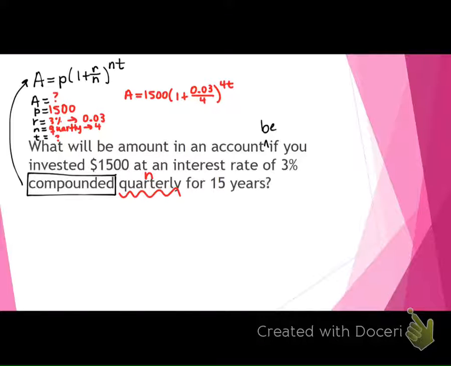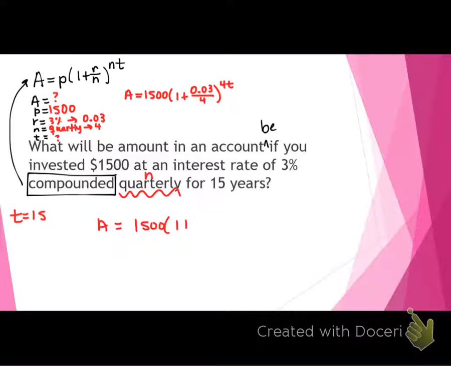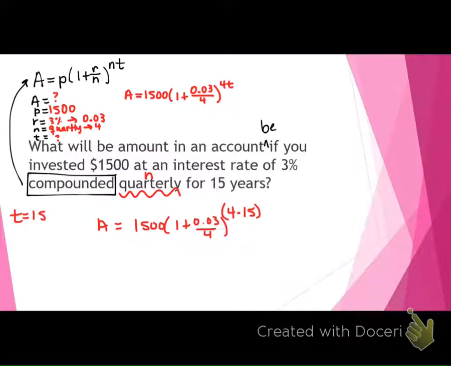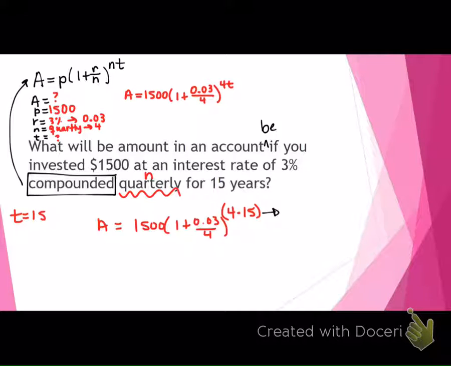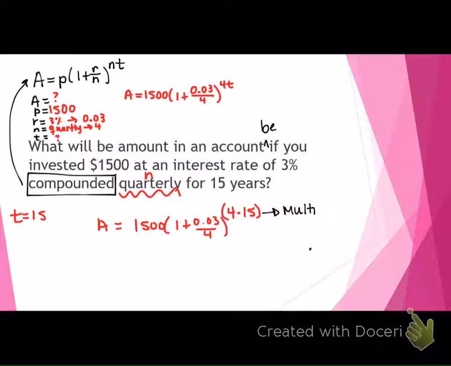Okay, do not go straight to your calculators, because you'll do it wrong if you do. What does T get replaced with? Before you substitute into your calculator, multiply your exponent.